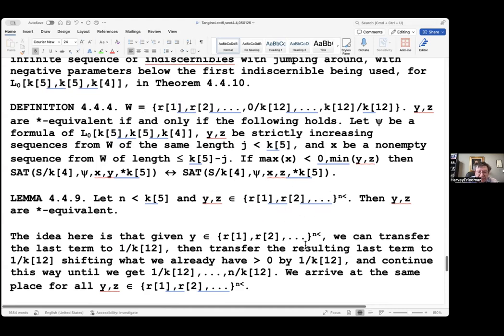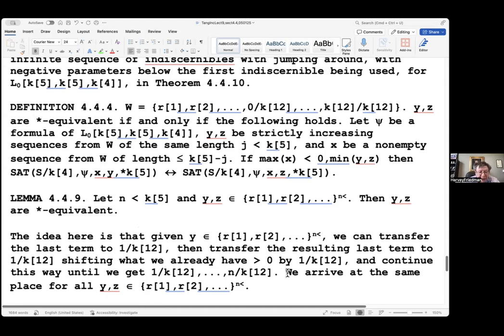And the idea is that given such a sequence, we can transfer the last term up to 1 over K12 by the definition of good, then transfer the resulting last term. Now we have a smaller last term. The resulting last term to 1 over 12, shifting all the positive stuff we already have by 1 over K12, and continue this way until we get to 1 over K12 through n over K12.